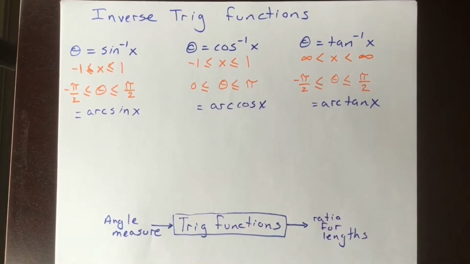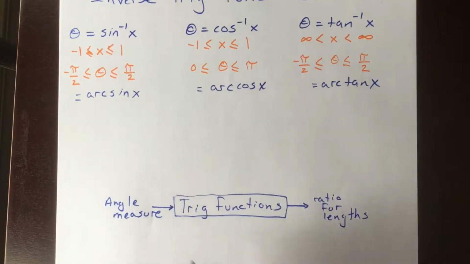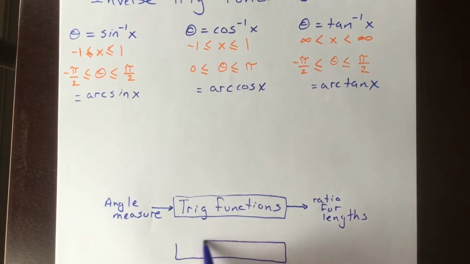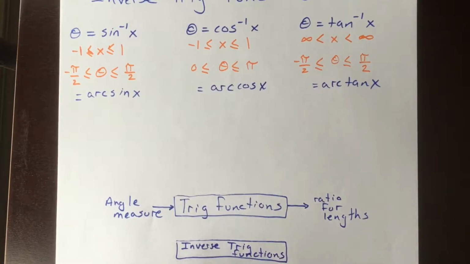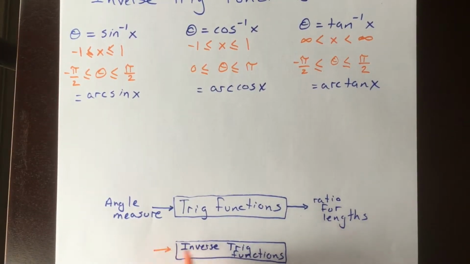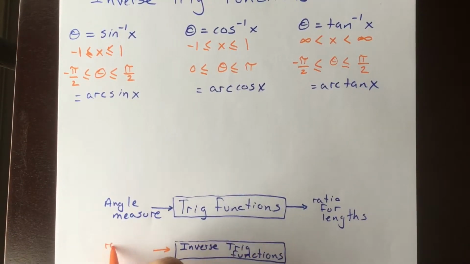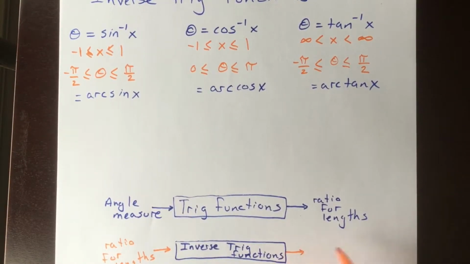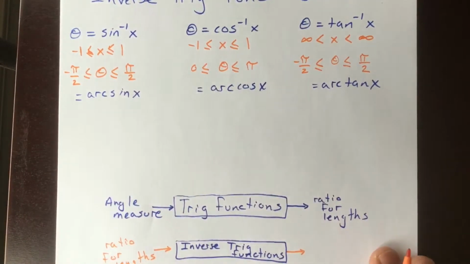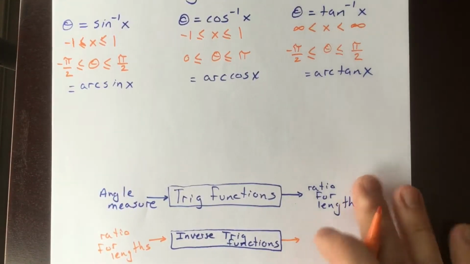Now imagine we're focusing on the inverse trig functions. It's the exact opposite order. With an inverse trig function, we are inputting into it a ratio of side lengths, and its output is an angle measure.